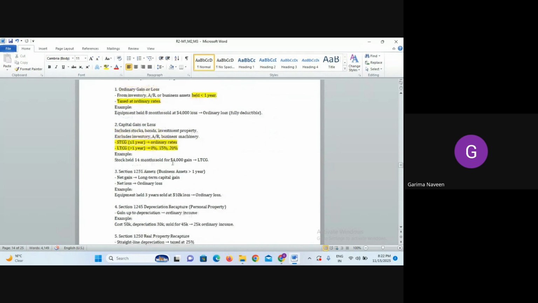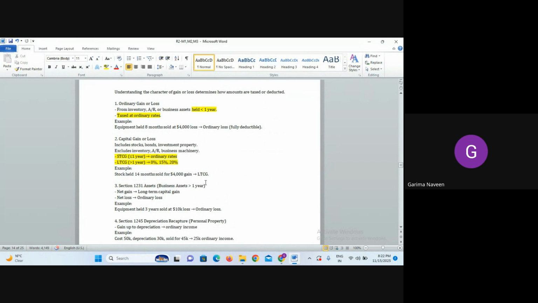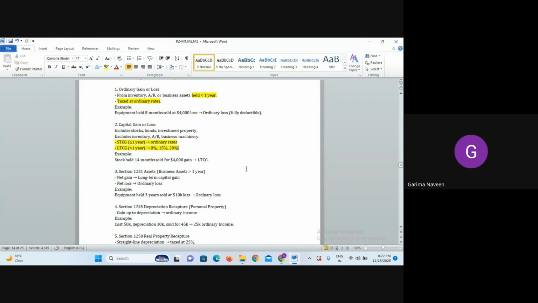And in case of business, if you are using any property for less than 1 year, then it is ordinary, no problem.